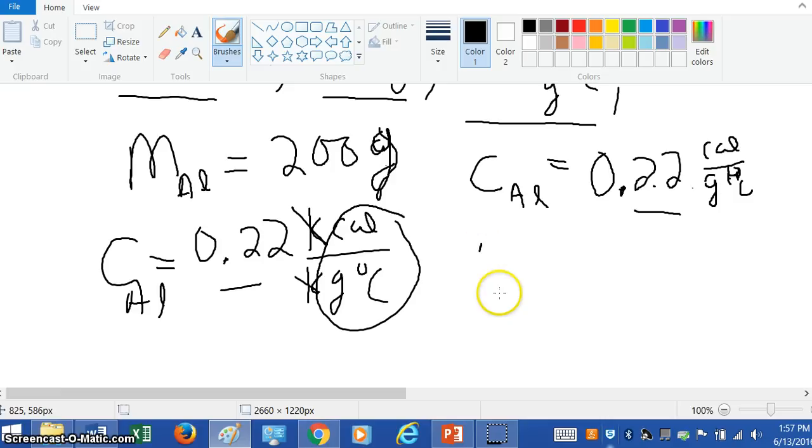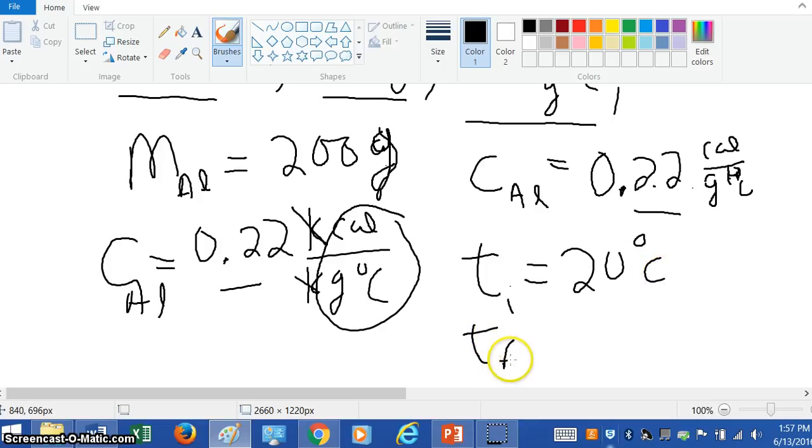So the initial temperature is 20 degrees Celsius, and the final temperature is 100 degrees Celsius. We often use 100 because you're just taking, let's say, about room temperature aluminum and putting it into boiling water, for example. That's a good experiment that's done quite often.